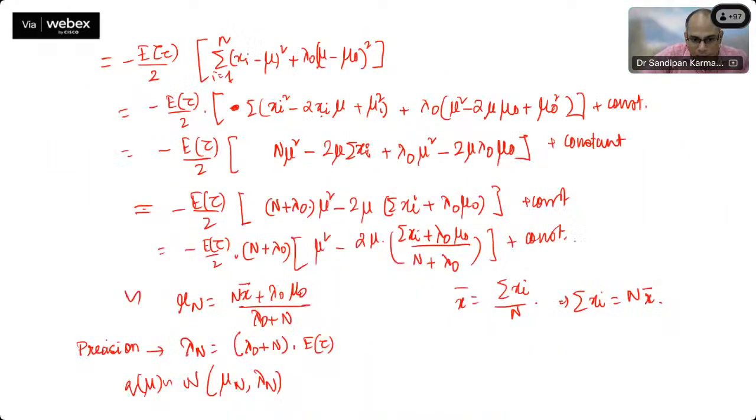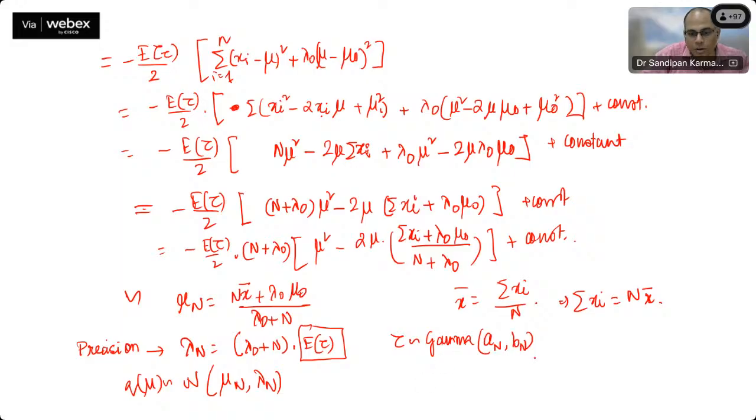Here is one thing I didn't tell you: what is this expected value of tau. Tau follows a gamma distribution. We have to find the parameters an and bn.